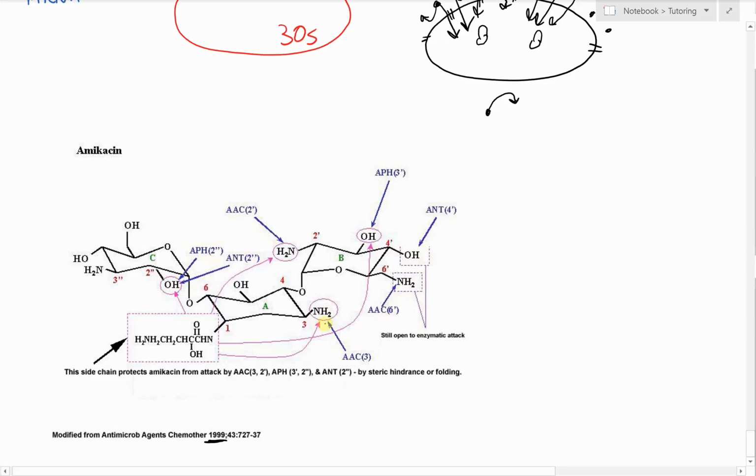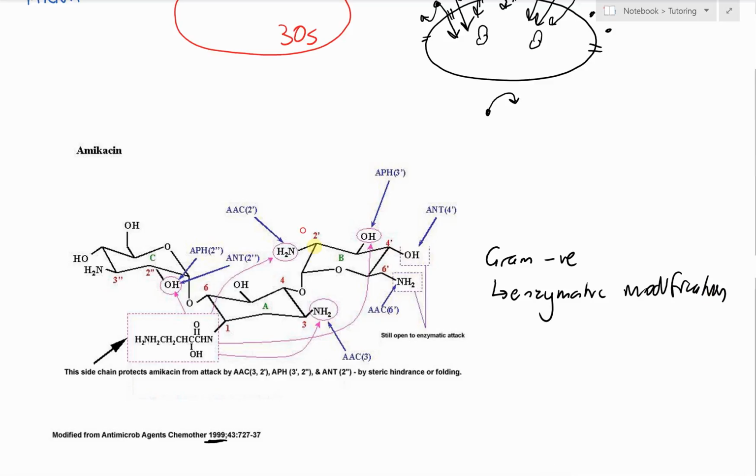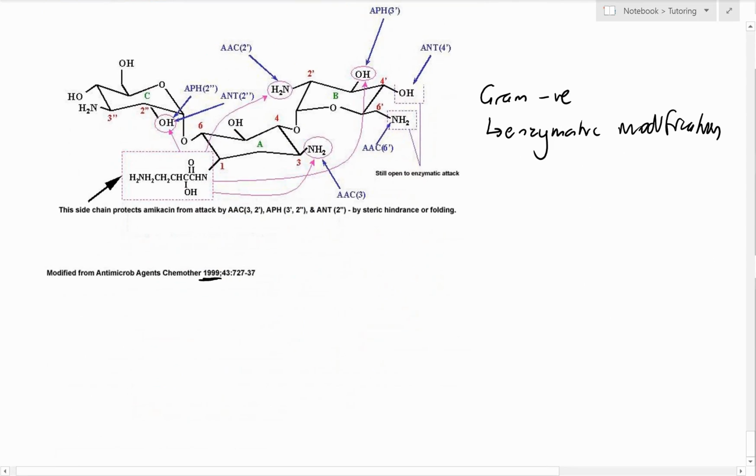So in terms of these modifications on these residues, it's often gram-negative bacteria which can encode those enzymes. So gram-negative can do enzymatic modification. There are a few other ways. The bacteria itself can start encoding ways to change its membrane, so modifying its outer membrane. If it's a gram-negative, they often do this so they can modify the outer membrane.